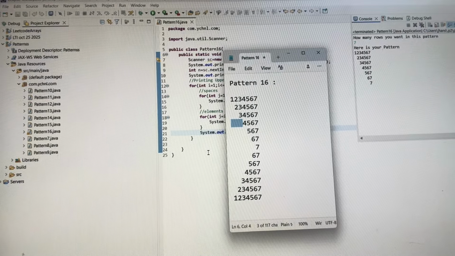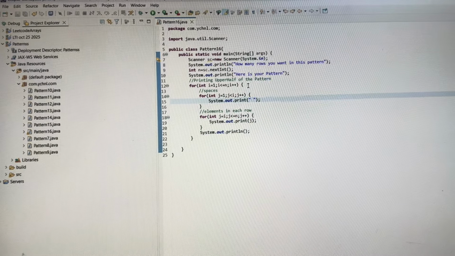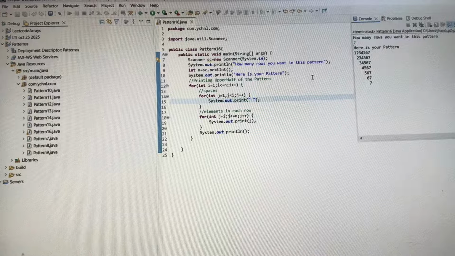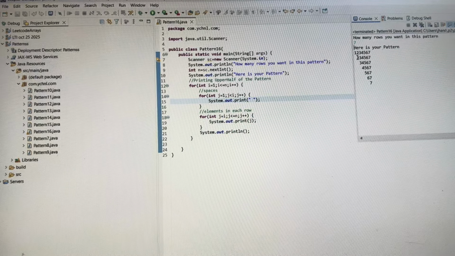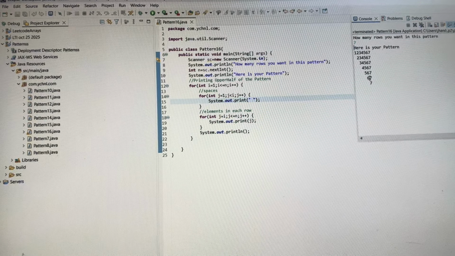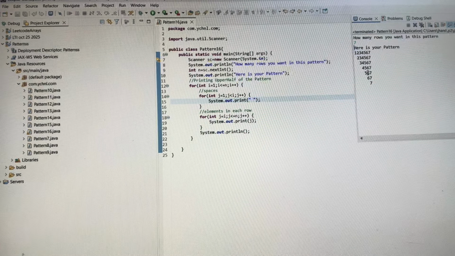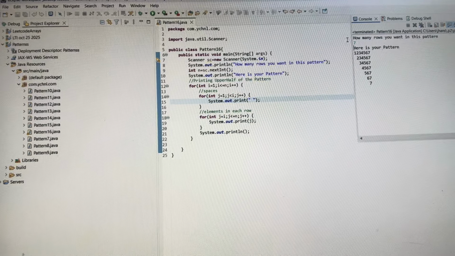See, how I have written the code for the upper half of the pattern: the elements in each row are in increasing order, 1 2 3 4 5 6 7, right? The rows are in increasing order, right?